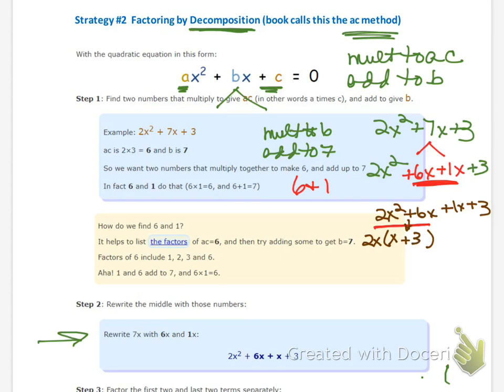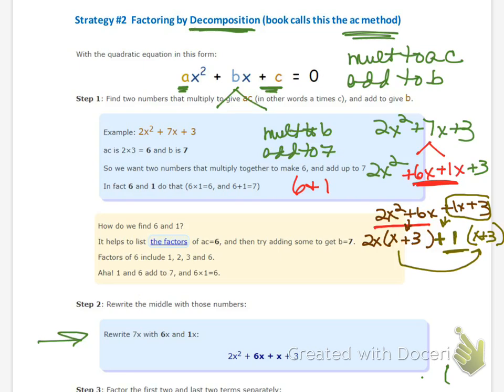Okay, so then I'm going to bring down this operation. That's going to go right there. I'm going to make parentheses here, and in the parentheses, I am going to put the exact same thing. Then I'm going to say to myself, okay, my second term is a 1x plus 3. I have a 1x plus 3 here.